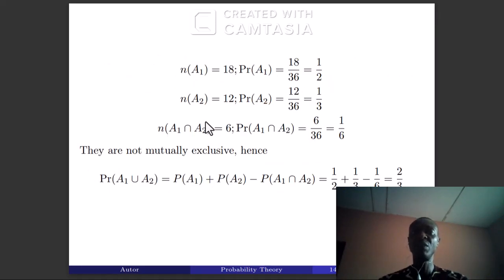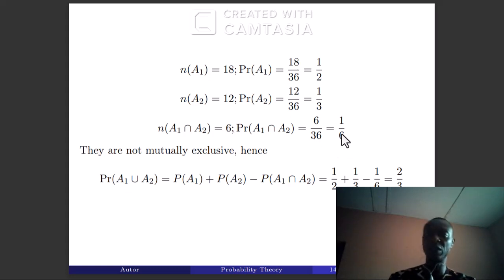So we have the number of A1 intersection A2, either divisible by 2 or by 3. A1 intersection A2, how many do we have? We have 6 that are both divisible by 2 and divisible by 3. So our interest is now either divisible by 2 or 3. 6 of them, and total possible outcome 36.